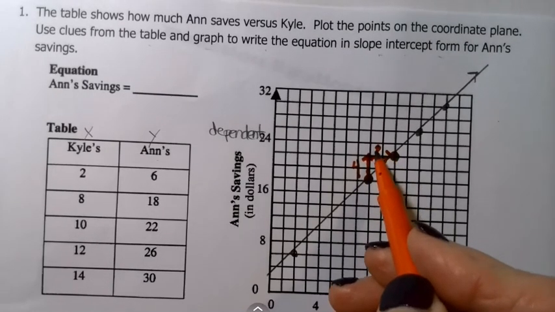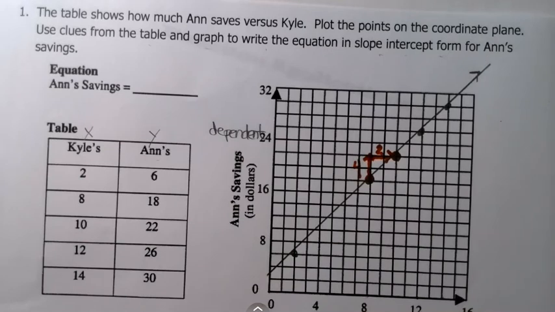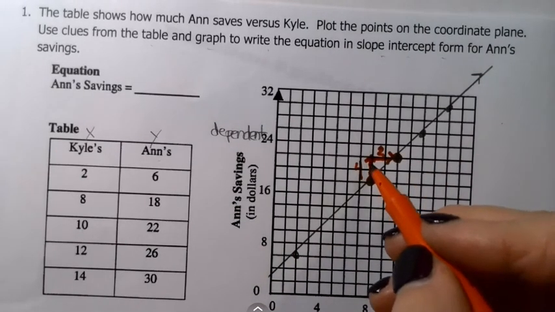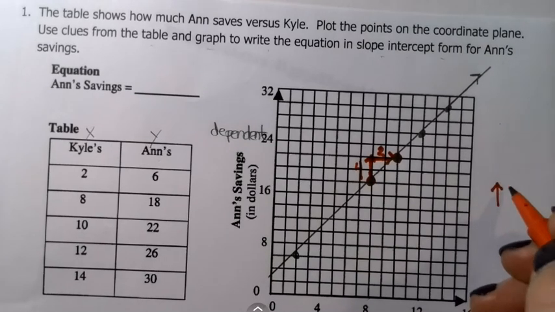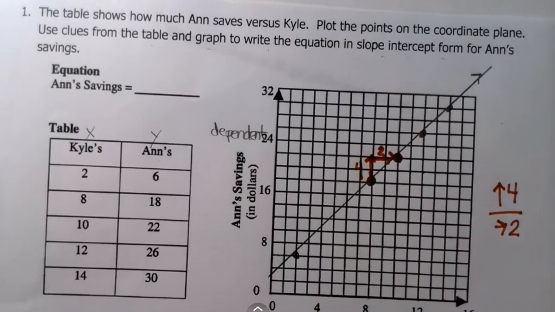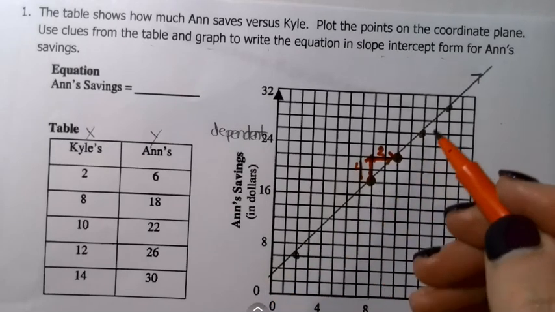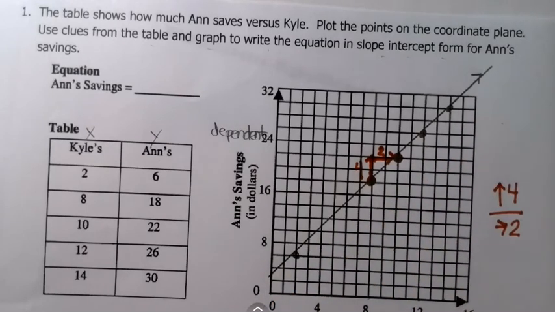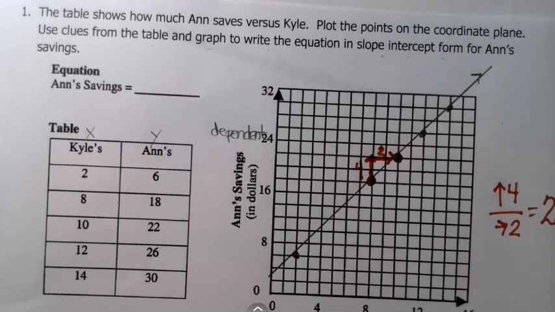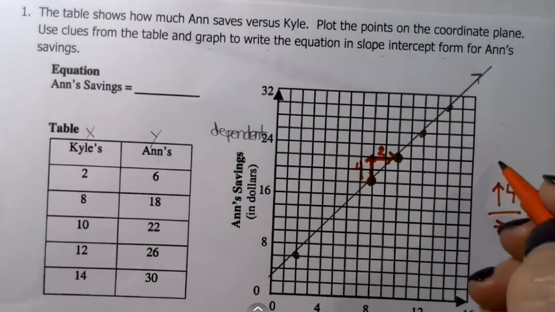So that is over just 2. So it appears as though our slope is up 4 over 2. Both of those are positive. A slope dude would say positive, going uphill. And that simplifies down to the whole number 2. So that's my slope.